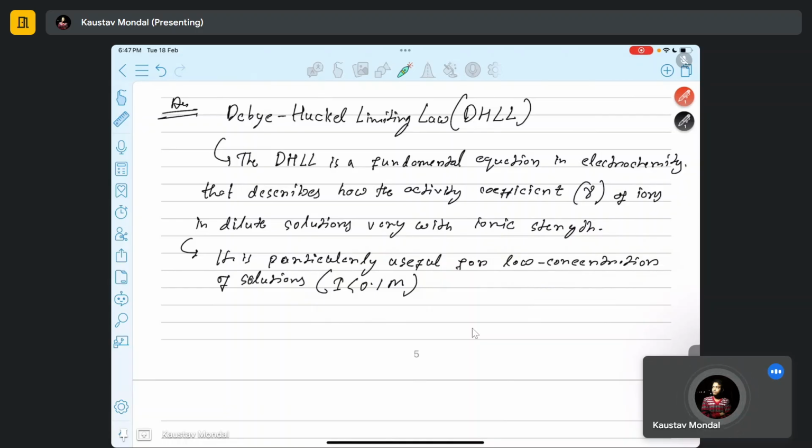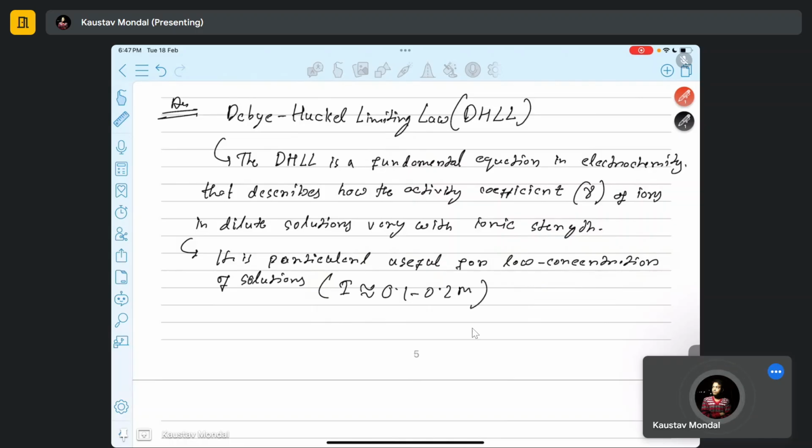In that regime it is basically useful, not exactly 0.1, but I is very close to 0.1.